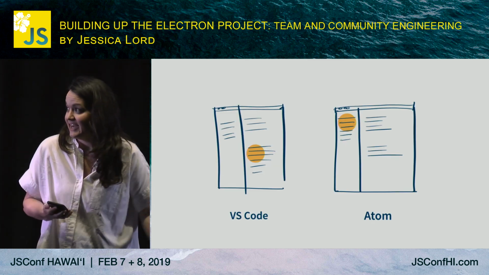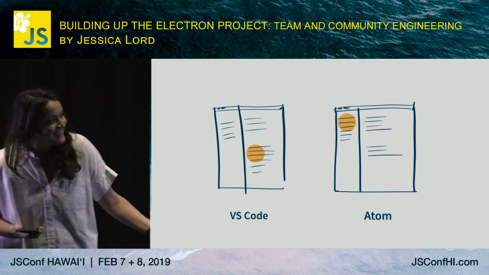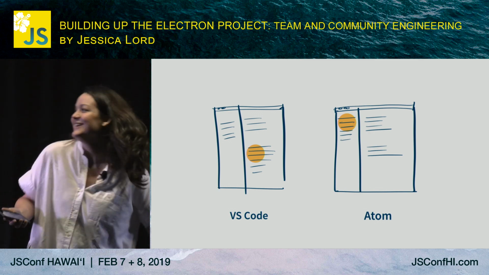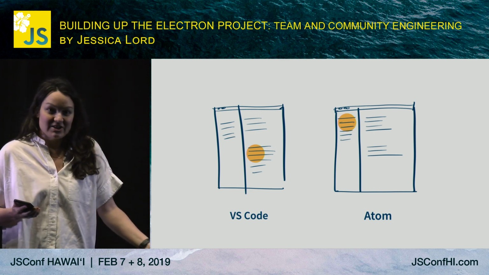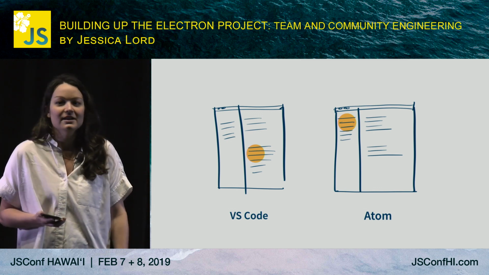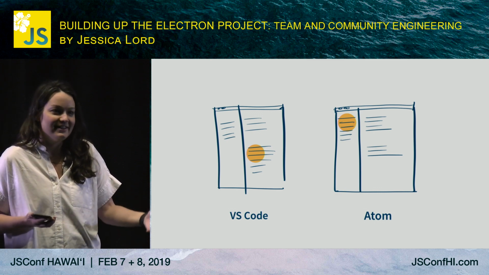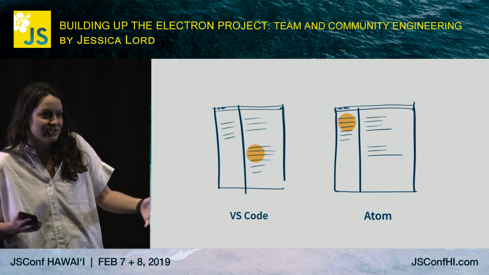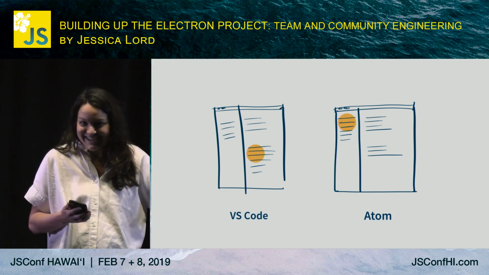And so Microsoft built an editor called VS Code, which is an editor just like Atom. They were going to launch VS Code, and we knew about that on the Atom team, and we thought it would be pretty silly for them to launch a new text editor and say that it was built on Atom Shell. There was no reason for it to reference another text editor.